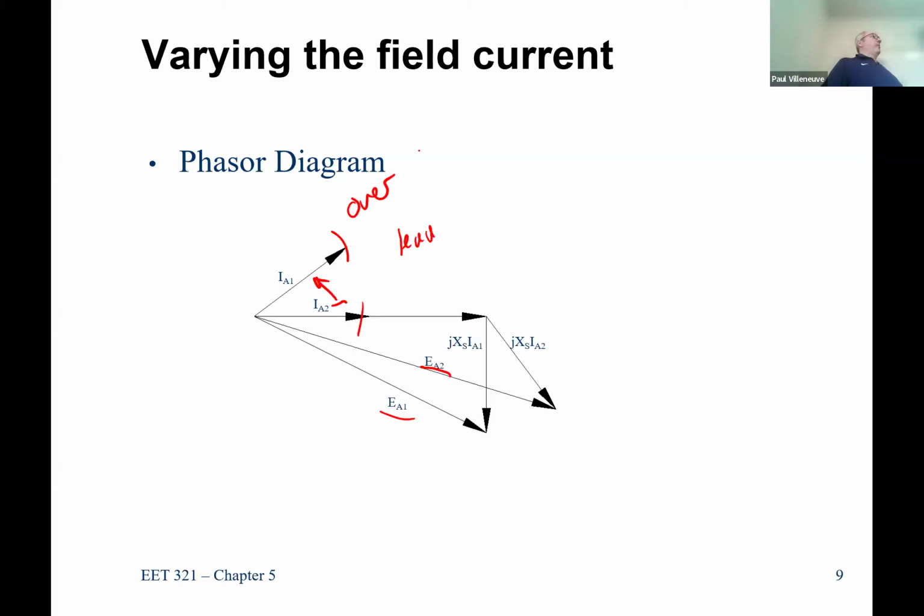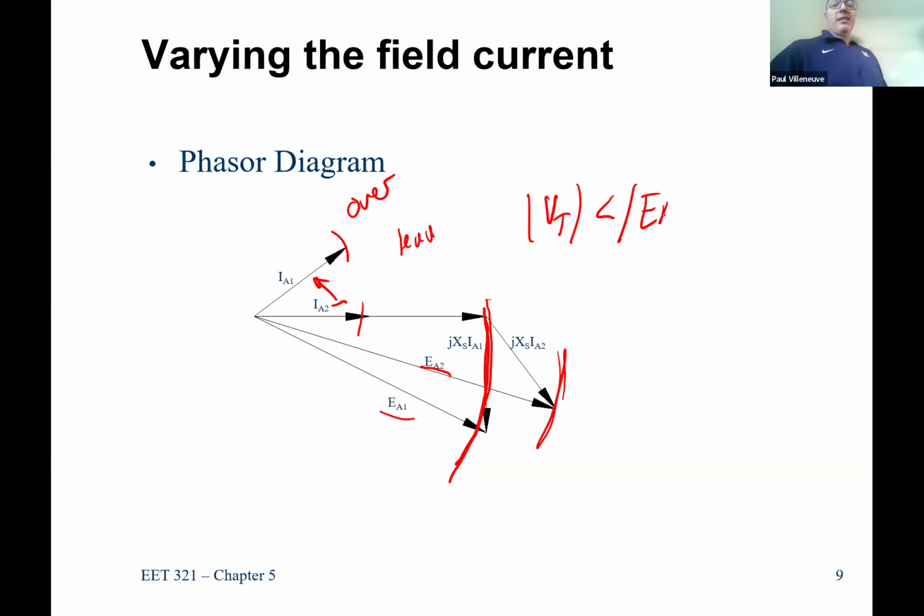The only difference we see is that these magnitudes were about the same, maybe off a little bit, but now over here this is much, much bigger. Because the VT magnitude is less than EA, we are overexcited, and that forces us to have a leading power factor.